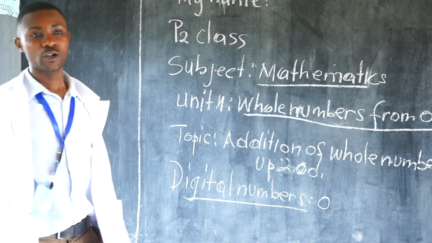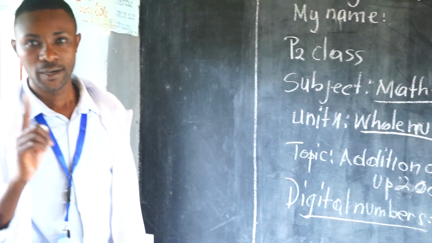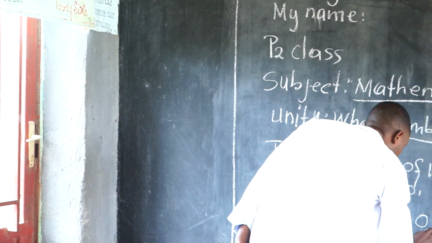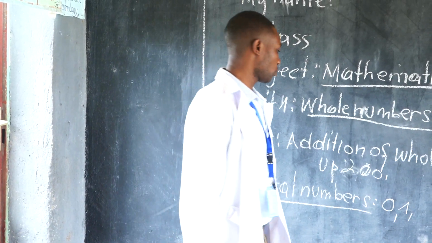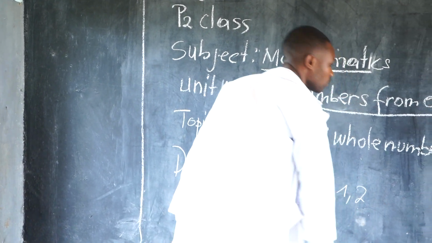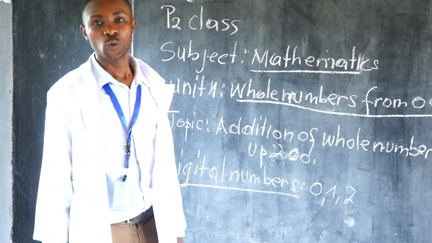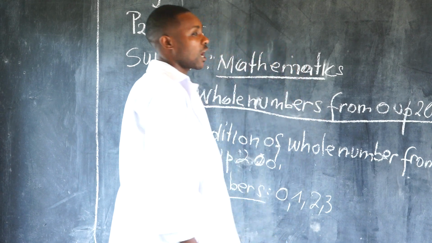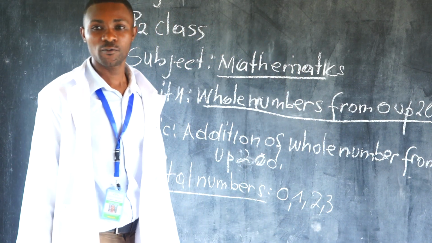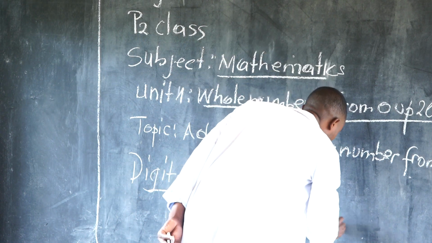Now the other digital number is 1. After 1, we have 2. After 2, we have 3. After 3, we have 4.